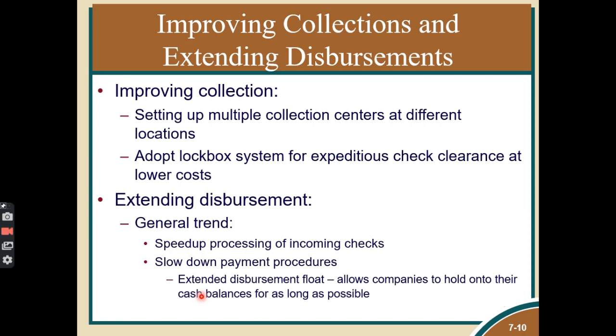In order for you to improve your collection, these are some of your options. First is to set up multiple collection centers at different locations. Second is to adopt a lockbox system, but this is not very often used right now, because in the current setup, what we do is number one, setting up multiple collection centers.